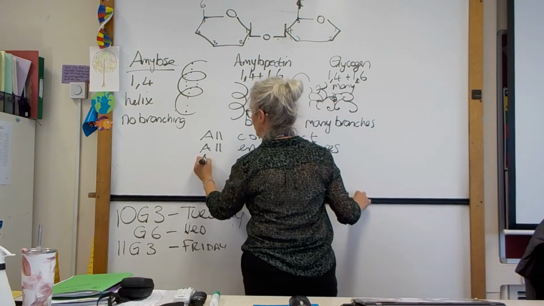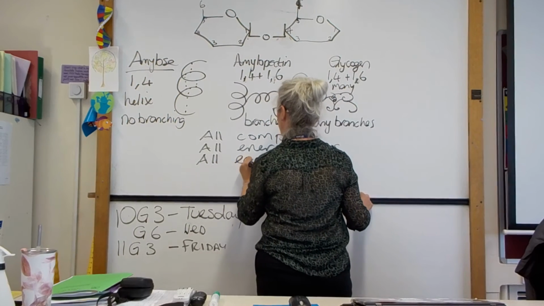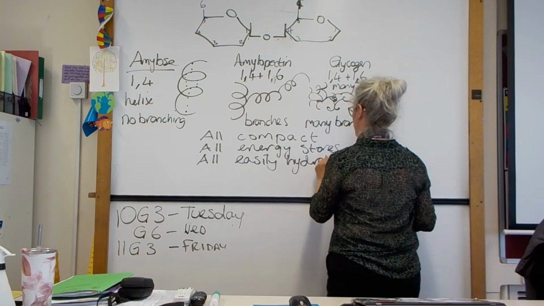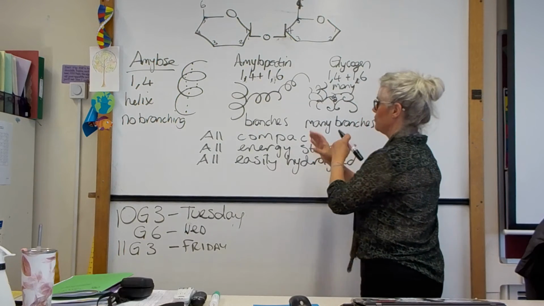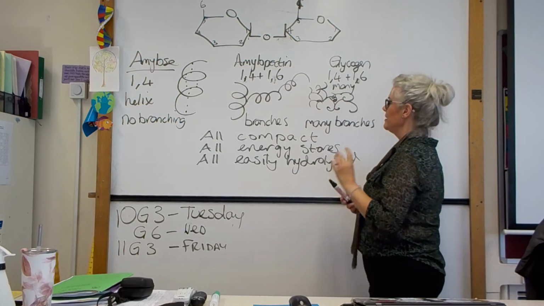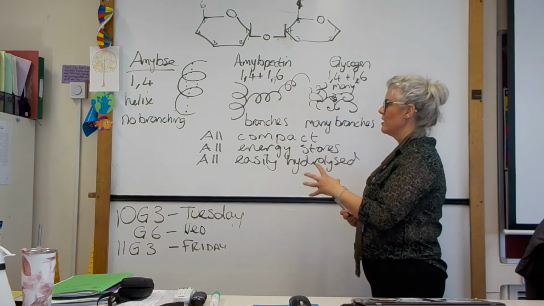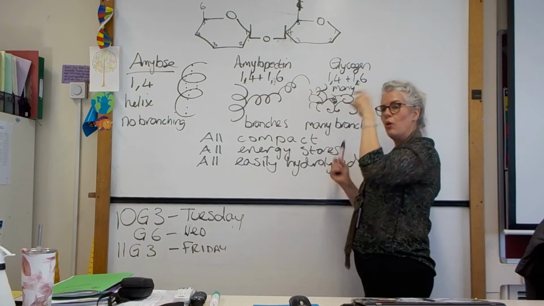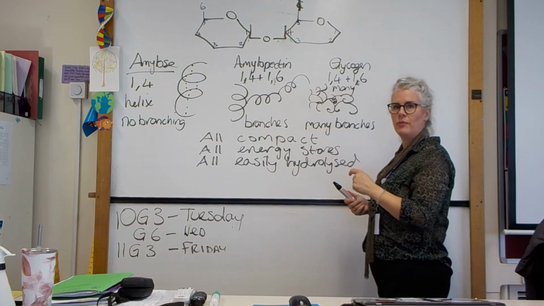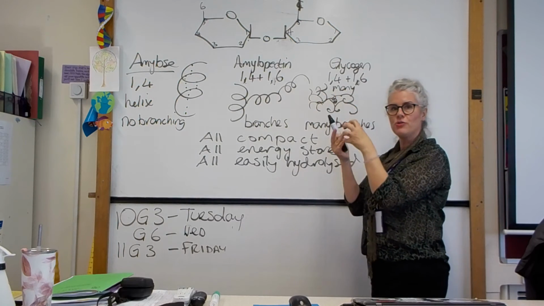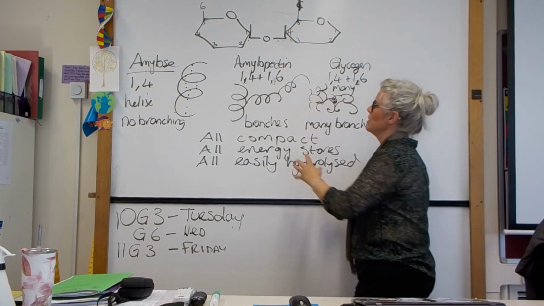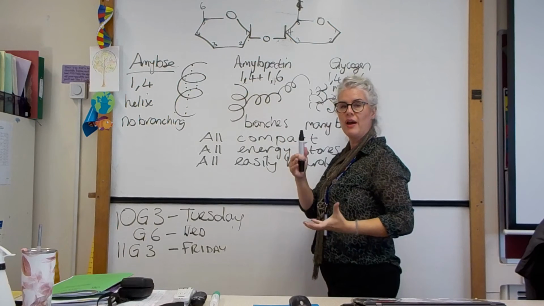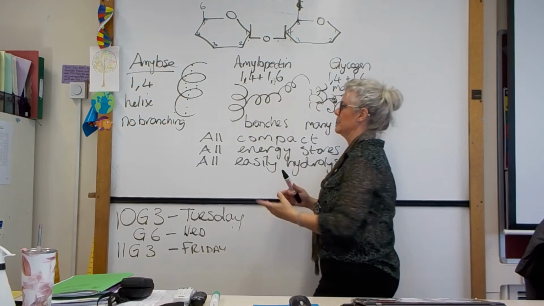They are all easily hydrolyzed, which is good because they are energy stores. You want to be able to break them down. Now, if you think about enzymes and attack points, glycogen has many more attack points for your enzyme. So that's the one that's going to be hydrolyzed most easily. Your amylopectin has some attack points, so it's going to be hydrolyzed relatively easily.